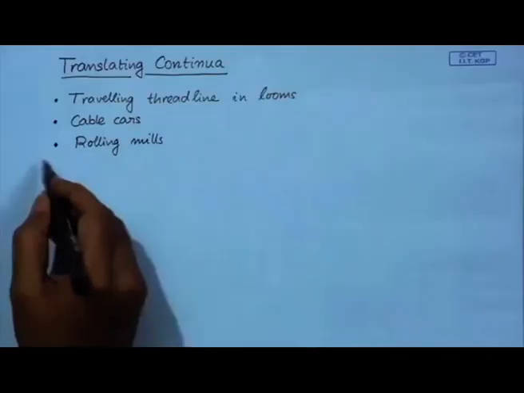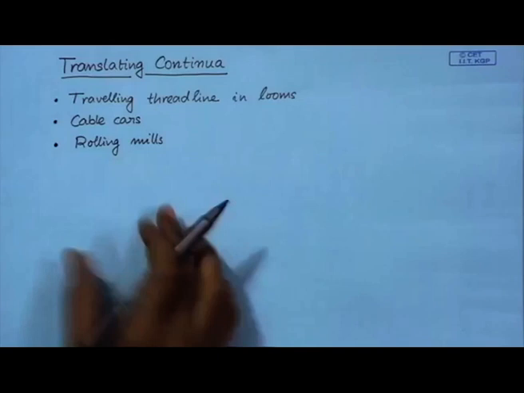The dynamics of this material which is being rolled, it may be a bar or a rail, has to be studied with the actual motion of translation that is imparted in this rolling mill.